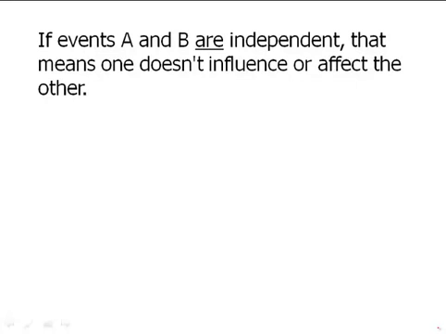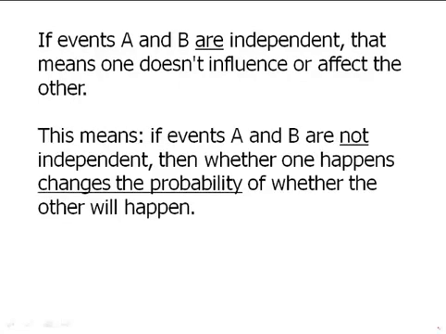That is independent. Well, what would the opposite of that be? If events A and B are not independent, then whether one happens changes the probability of whether the other happens. So if we know A does happen, then B has a different probability than it would have if A didn't happen. That would be not independent.